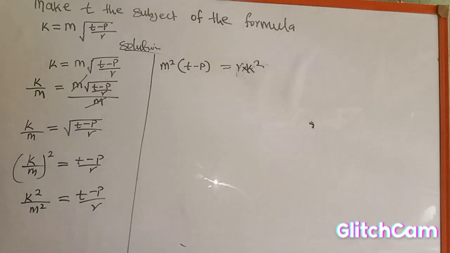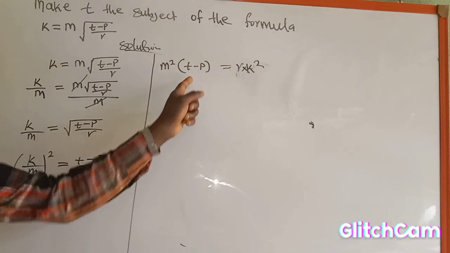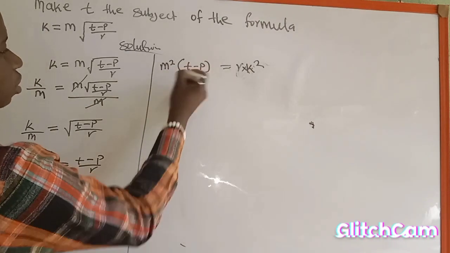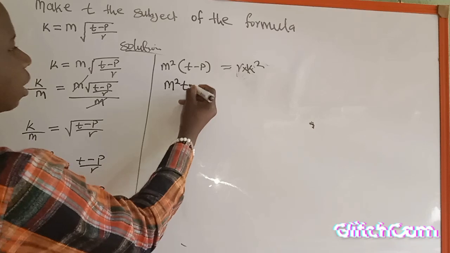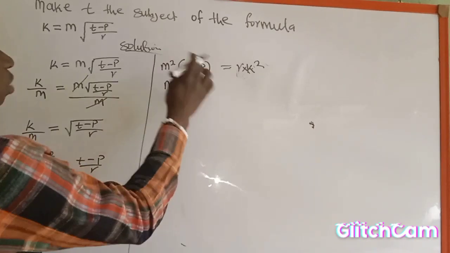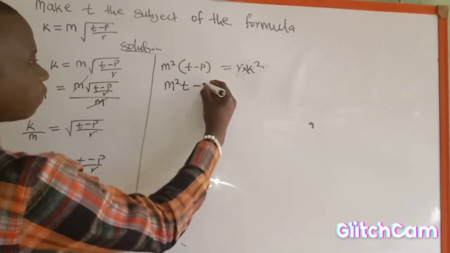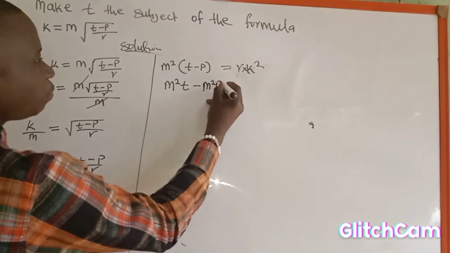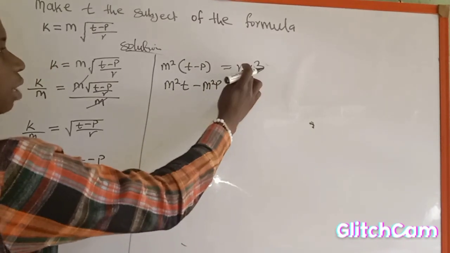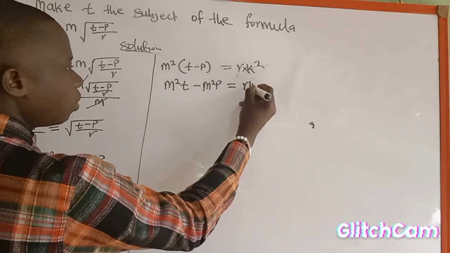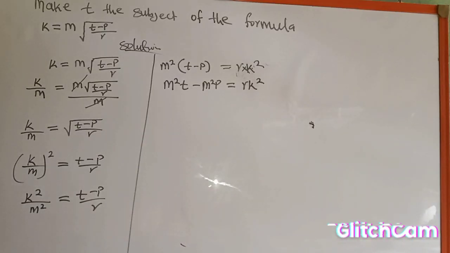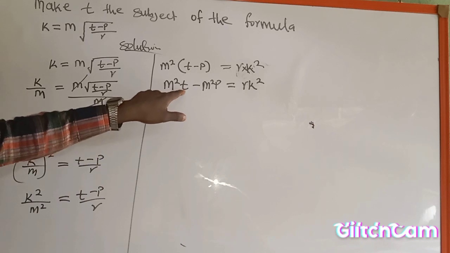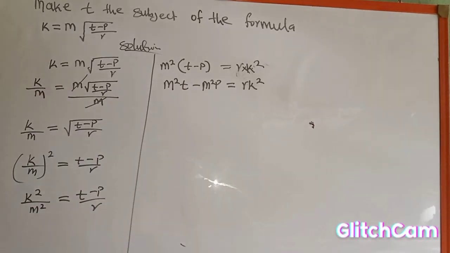From here now I can go further and open this bracket by saying m squared multiplied by t, I have m squared t. Then minus m squared multiplied by p, I'll have m squared p, equal to r times k squared, which gives me r k squared. Remember we are looking to make t the subject of the formula.